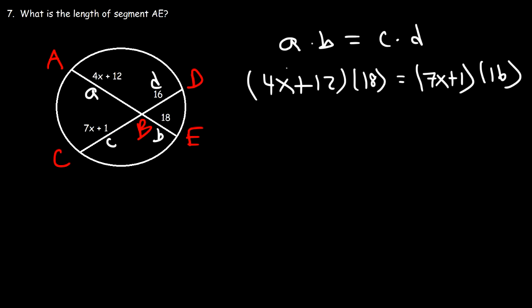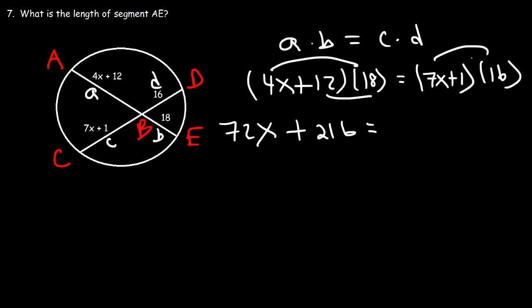So let's distribute 4x times 18. That's going to be 72x. And then 12 times 18, that's 216. And then we have 7x times 16, which is 112x. And then 1 times 16, which is 16. So now at this point, it's all just math.